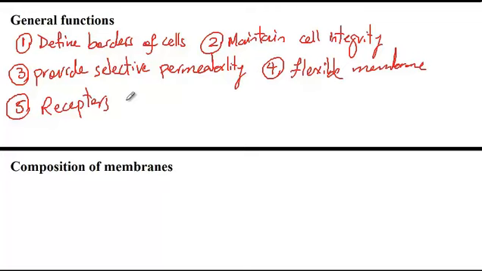And for instance, in the immunology section we just discussed how the MHC1, which is major histocompatibility complex 1 glycoproteins, are on the cell surface in order to recognize self-cells and not to attack them by our immune cells.